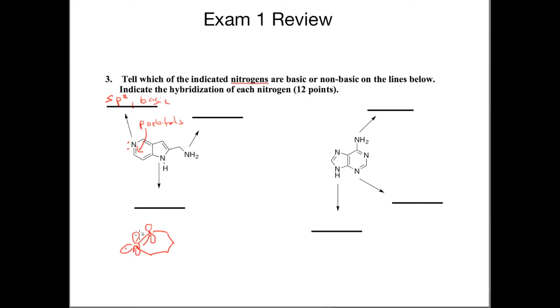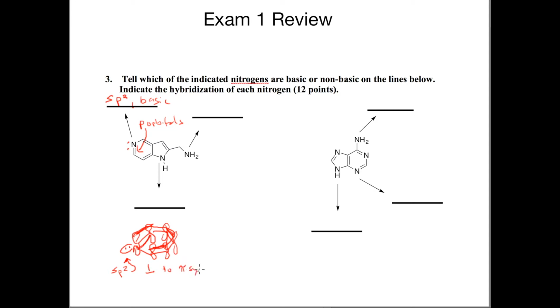So it turns out that since that is perpendicular to my pi system here, that means it's not counting towards it. Let me fix this here really quickly. So we have our pi system that's going all the way around, and it's not counting the lone pair within it to be aromatic. So this nitrogen is in fact basic, with its lone pairs perpendicular to the pi system.